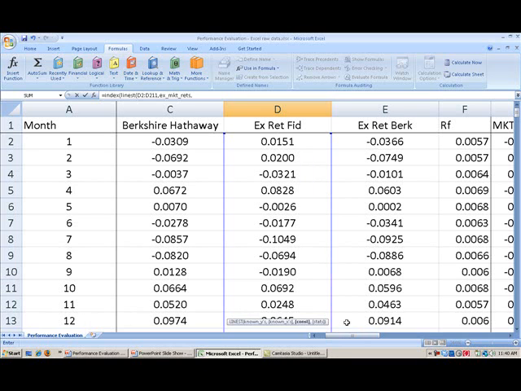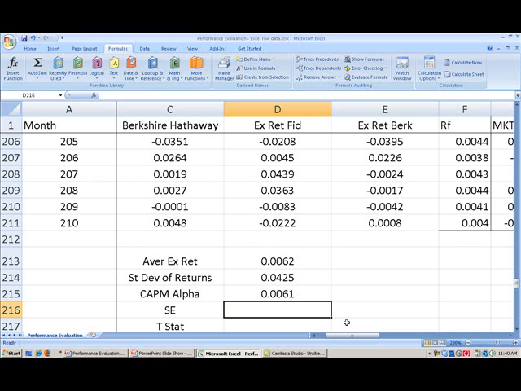We want to include a constant, so comma. We will also include statistics, so we type 1. Close the brackets. Now we're looking at where XL should look for the coefficient. It's going to be row 1, column 2, because we've got two factors. We've got the intercept and the market, and they're going to be listed in reverse order. We can now hit enter, and we've calculated our alpha.